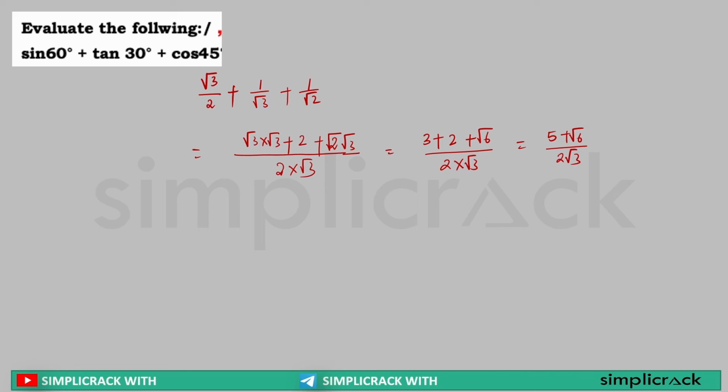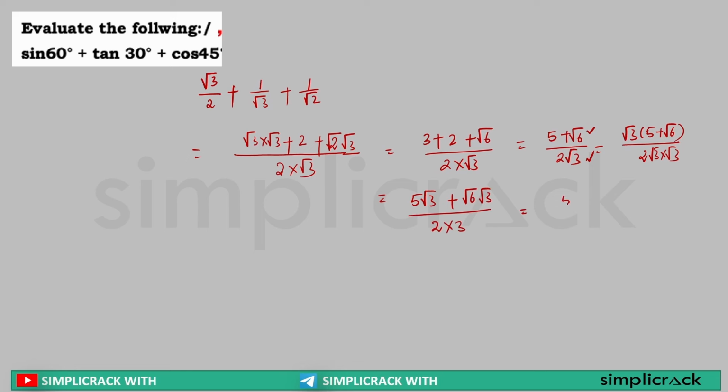Or in some books it will be written by multiplying root 3 on the upper part and lower part, that means in numerator and denominator. So root 3 into 5 plus root 6, divided by 2 root 3 multiplied by root 3, which can also be said as 5 root 3 plus root 3 into root 6, divided by 2 into 3, that is 6.